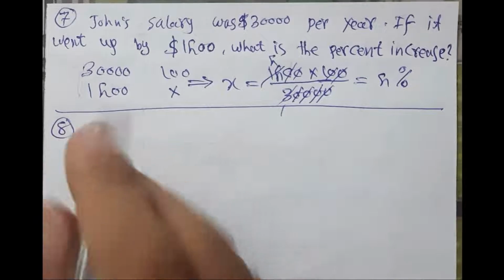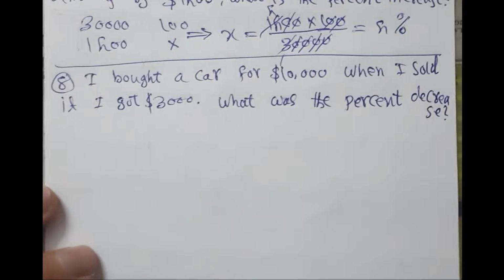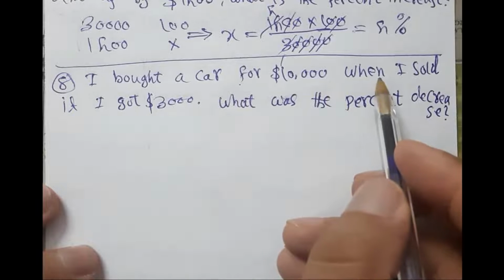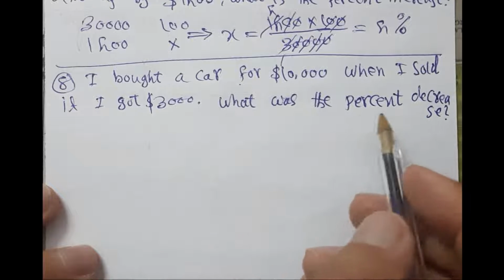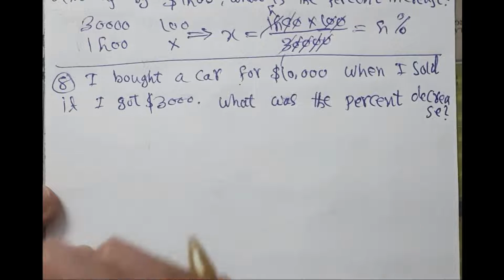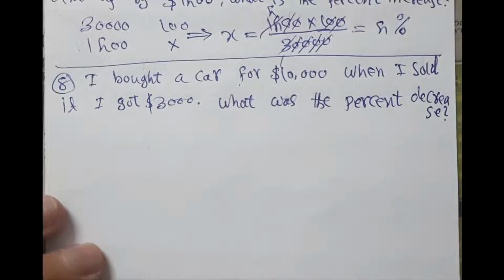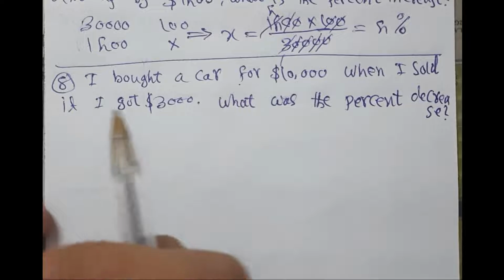Question 8. I bought a car for $10,000. When I sold it, I got 3,000. What was the percent decrease? Actually, when I buy a car at a high price, then I sell at a lower price, so my money decreased.